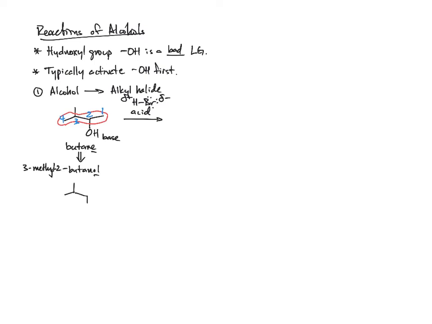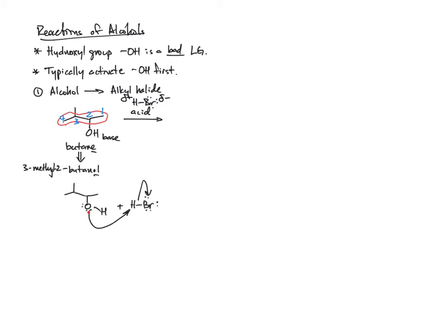Let's just go ahead and draw this mechanism out. There's the acidic proton. It's going to be abstracted by the lone pair of the base. We're forming an OH bond, so we have to break that bond.